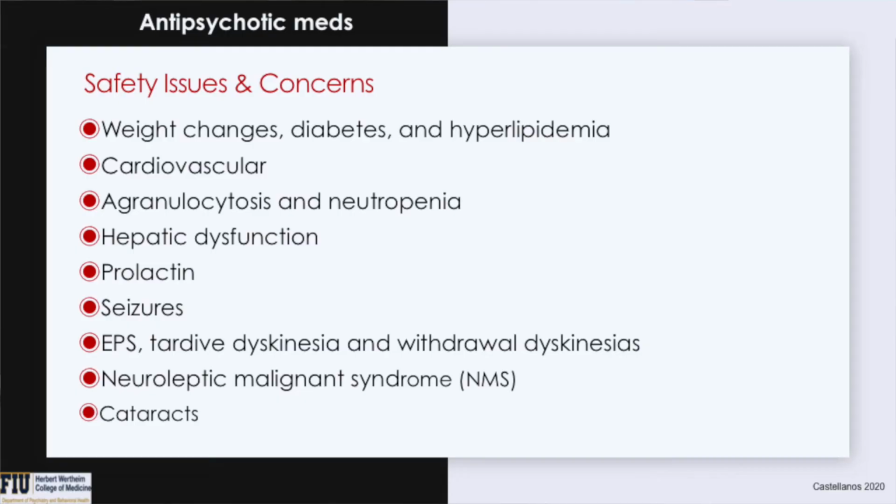Like we talked about, EPS, is that off the screen? EPS, tardive dyskinesia, and others, we know can be an issue with all of these, right? And as a general review, we kind of think kids are more at risk of the movement issues than adults.